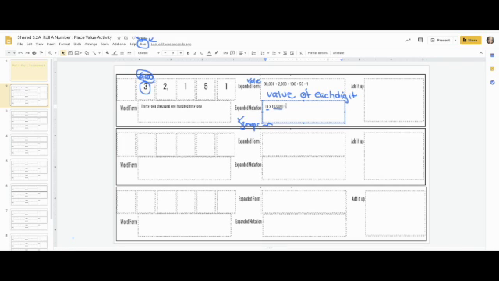And then we're going to write it as a sum. So we're going to put plus. Then this is 2 groups of 1,000.